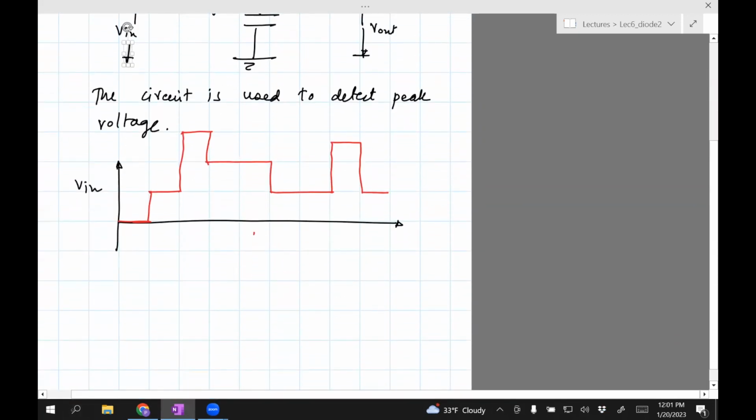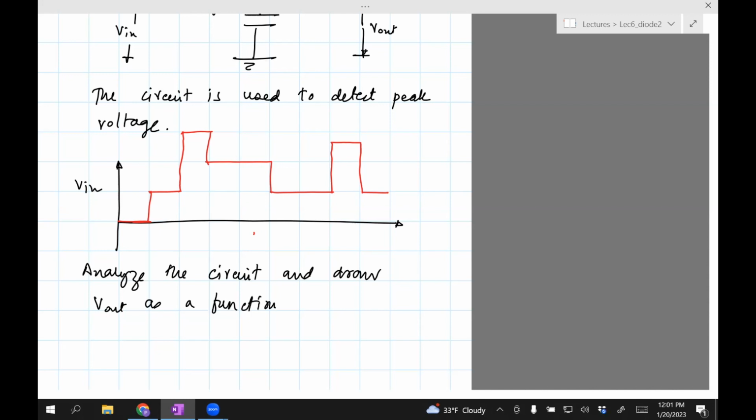Your goal is to analyze the circuit and draw V out as a function of time. So that's another question for you to try at home.